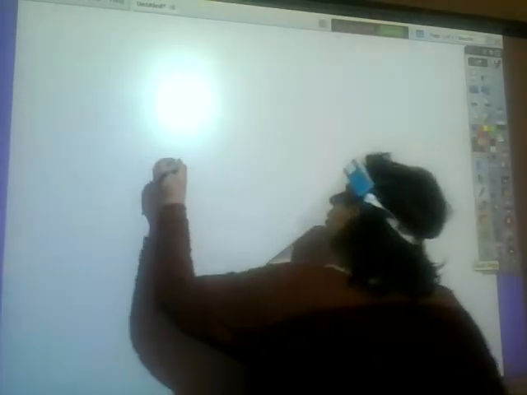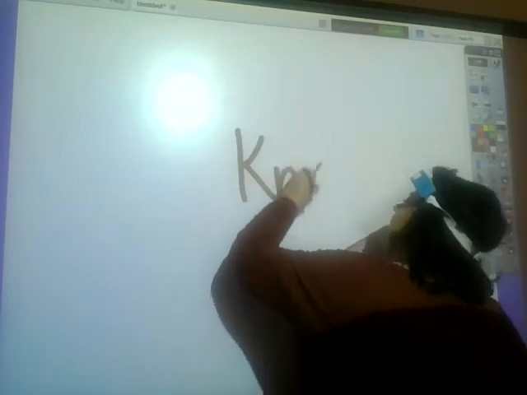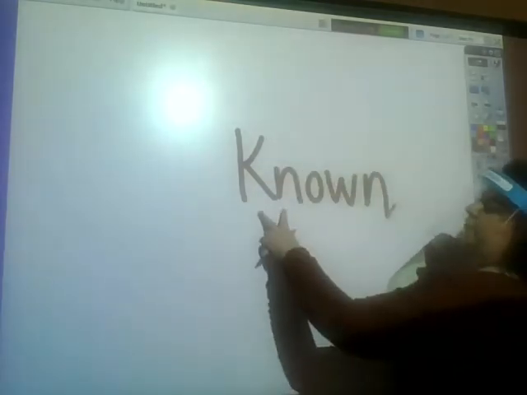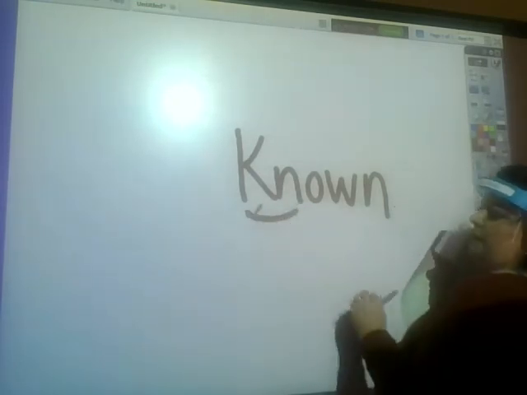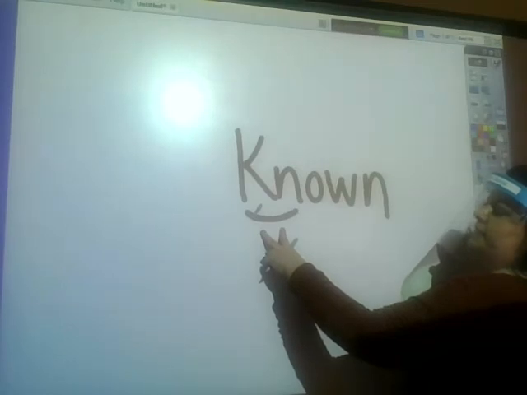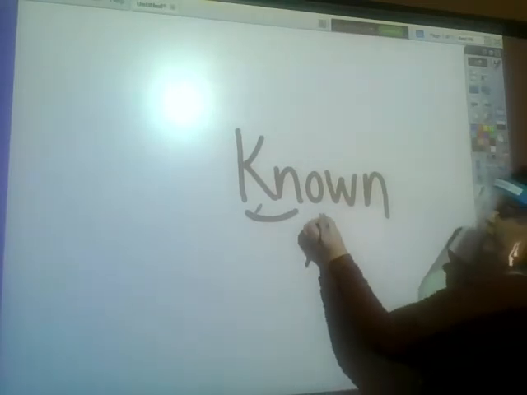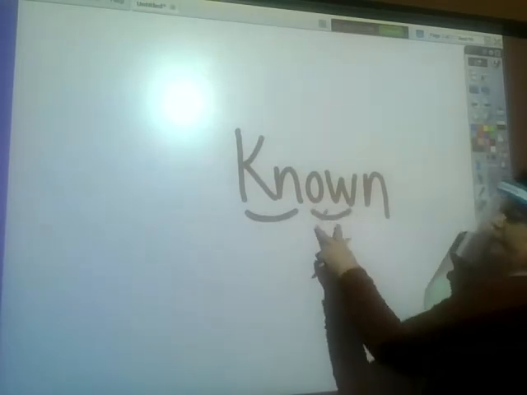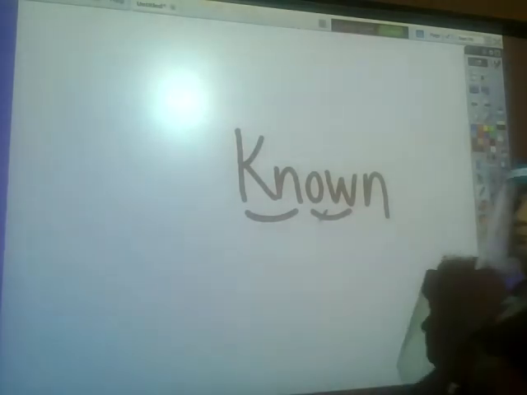Let's talk about the word known. This is misspelled quite a bit. You have to remember this blend right here, the KN. KN says N. You need to remember this vowel blend right here. OW says O or ow. Now in this word it says O. And then you have your lonely little N at the end.